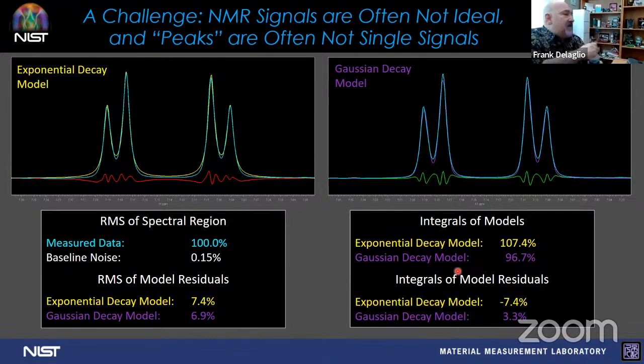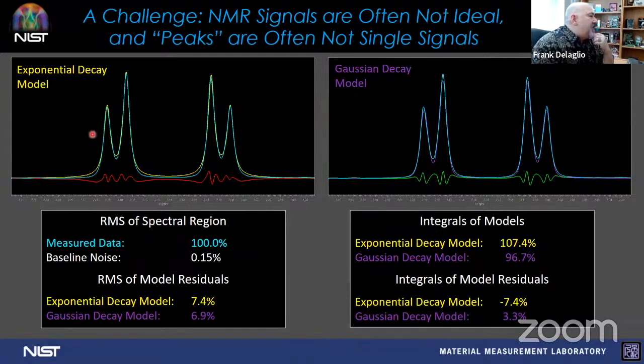And just to show you why we need alternatives, what we see here is a portion of an experimental spectrum that's modeled in the time domain with ideal exponentially decaying sinusoids.